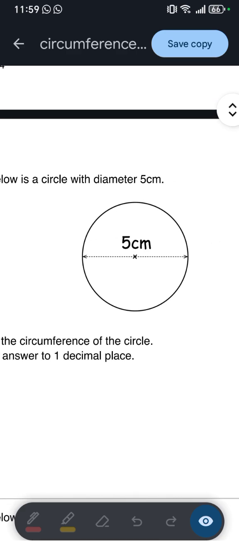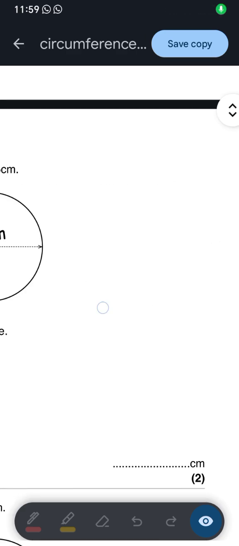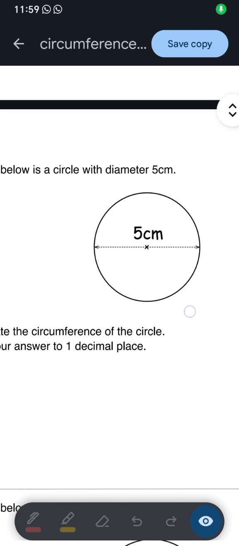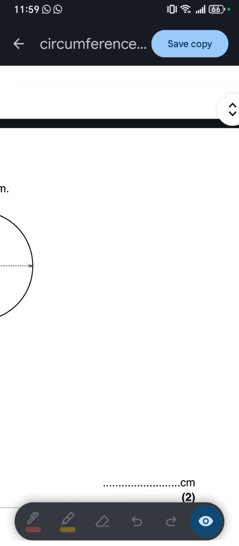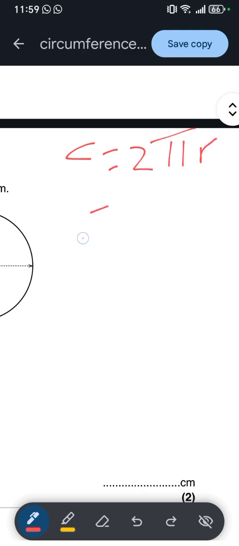Right, so now we need to get working. So guys, obviously you gotta use the method I showed you. C equals 2 pi radius. Okay, so equals 2 bracket 3.14.